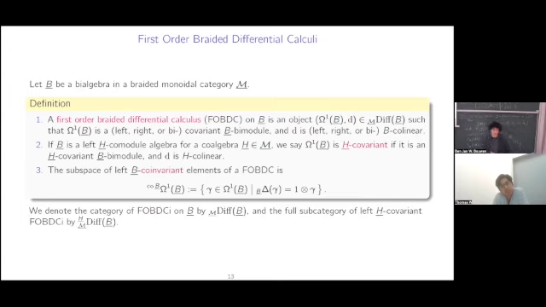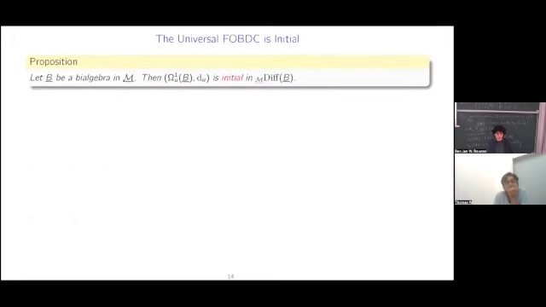We denote the category of first-order braided differential calculi on B by basically the same kind of notation. The only difference here will be that now M is a braided monoidal category and B is a braided bialgebra at least. And we also have the full subcategory of left H covariant first-order braided differential calculi that I will denote in this way.